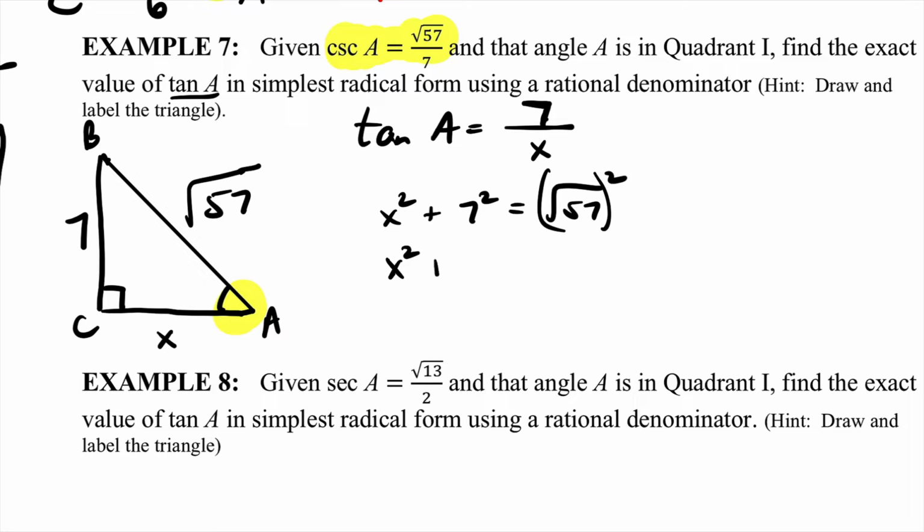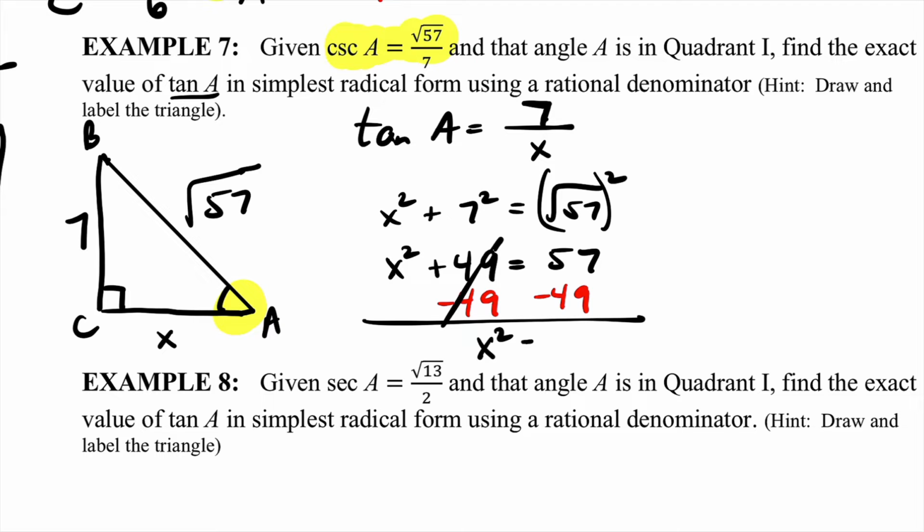Okay, so x squared plus 7 times 7, 49, equals the square root of 57 squared, which is 57. Solve for x. Now I have to take away 49. X squared equals, borrow, I got 8.